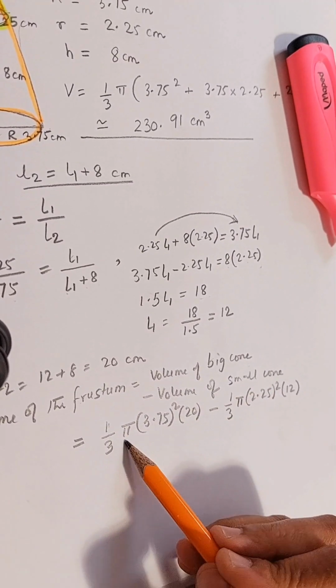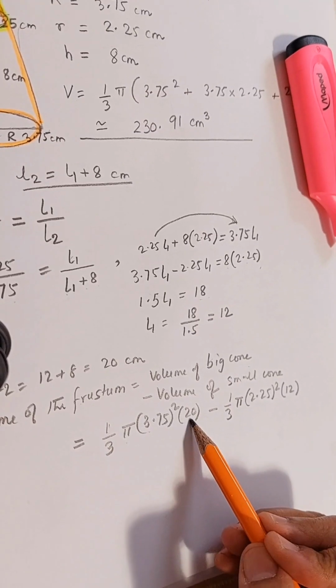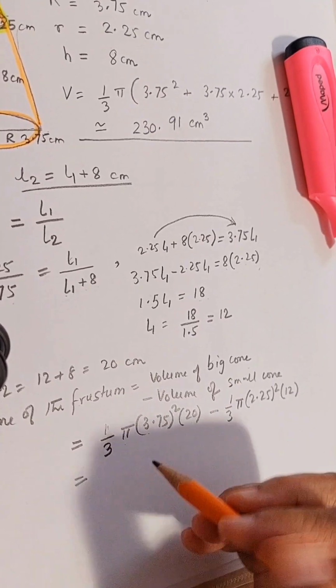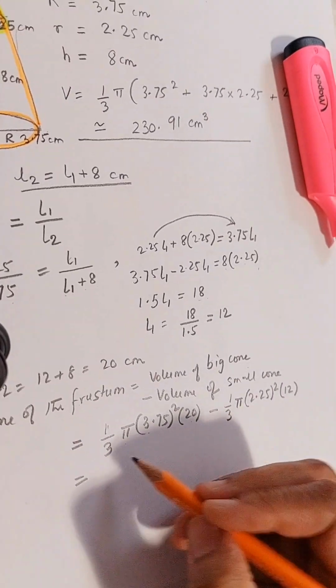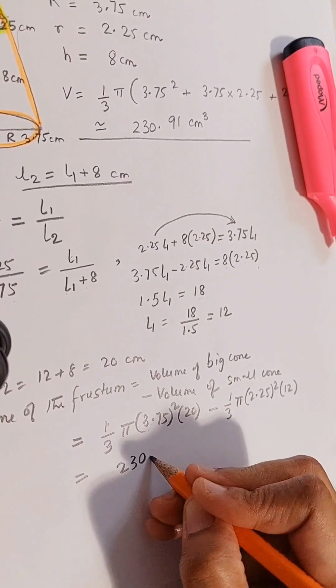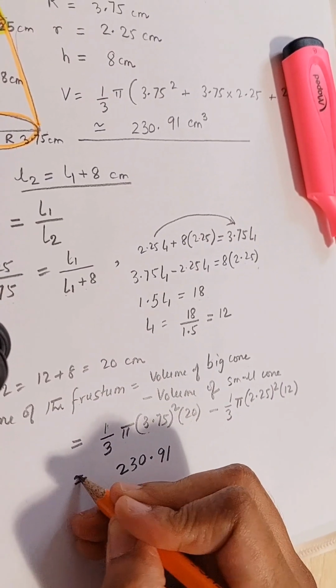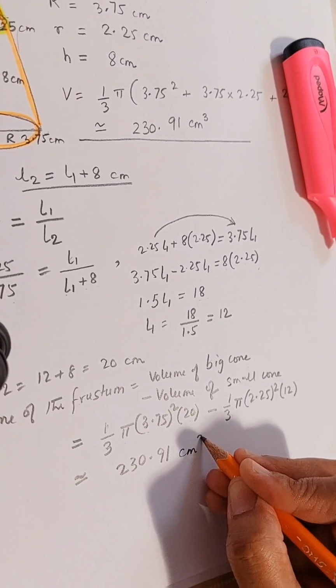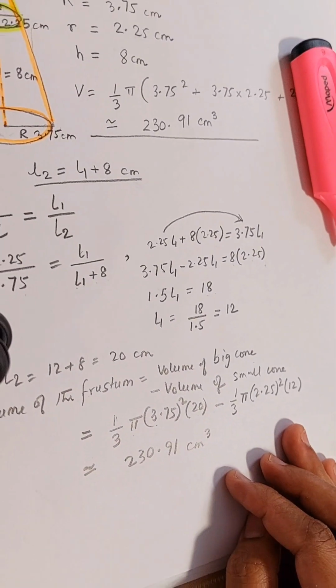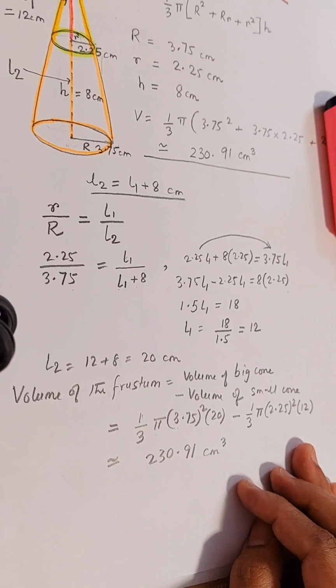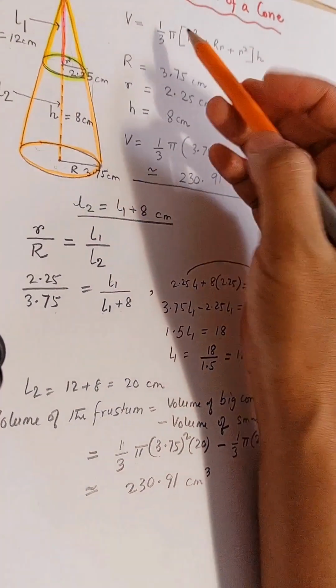That's 1/3 pi r squared h. So if we calculate this, we will get approximately 230.91 centimeter cubed. So that's another way of finding out the volume of a frustum without using the formula.